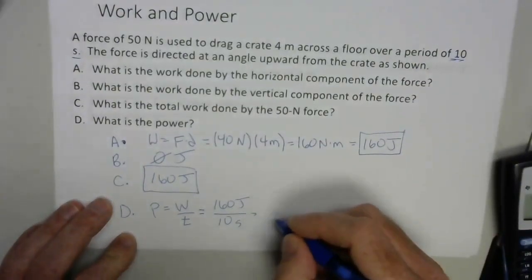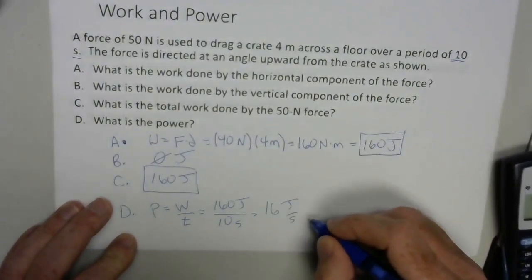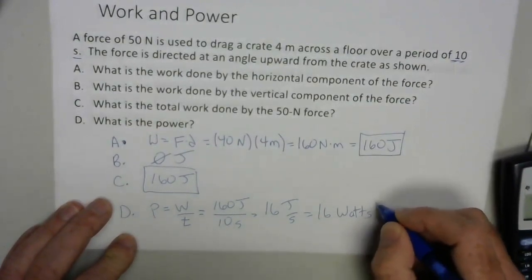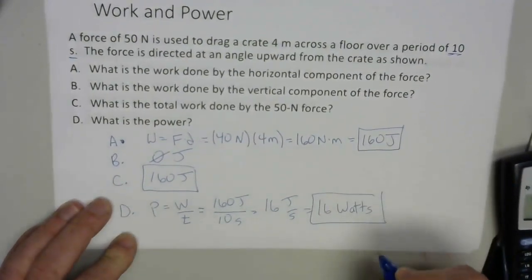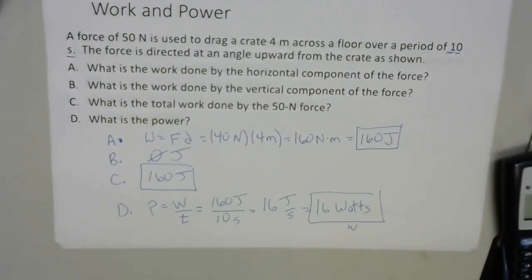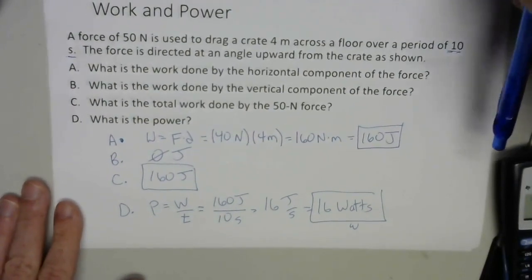That's 10 seconds. So we get 16 joules per second, which would be 16 watts, often abbreviated by a W. So that is our first problem.